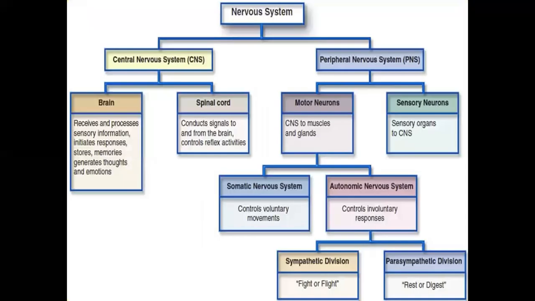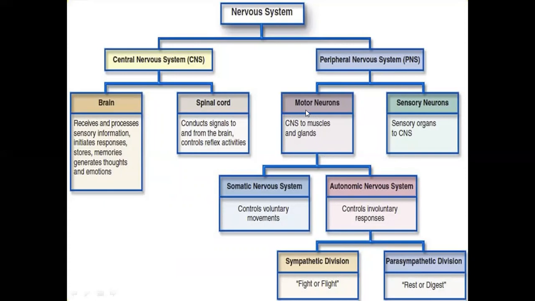Now, further classification of the peripheral nervous system. I told you the nervous system is divided into two parts, central nervous system and peripheral nervous system. Peripheral nervous system makes two pathways, motor and sensory, or you can say motor neurons and sensory neurons.